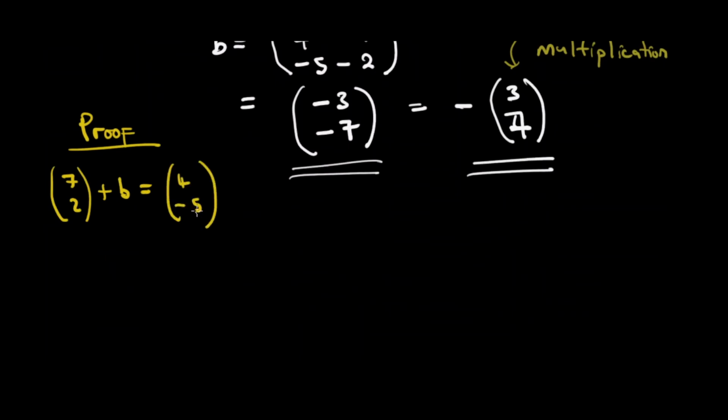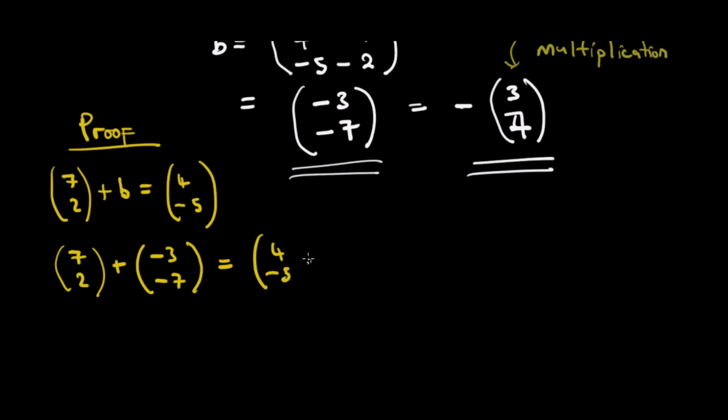Saka we need to check if this statement is true, or if this statement remains true after ta substitute kana ta replace a b na minus 3 minus 7, which is our answer here. Saka tikadaro manje tengeta kuti 7 2 kutati plus pana b takureplace nani na minus 3 minus 7. Toda kuona kuti chokwadi here ticharamba iri equal to 4 minus 5. Ikasava equal to 4 minus 5, zorota our answer is wrong.